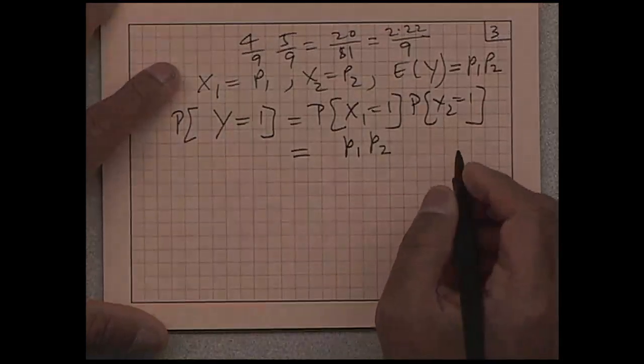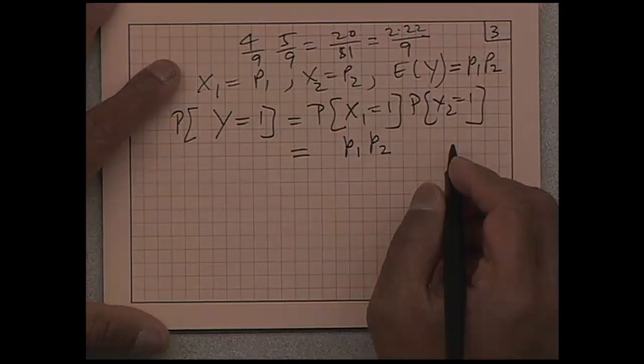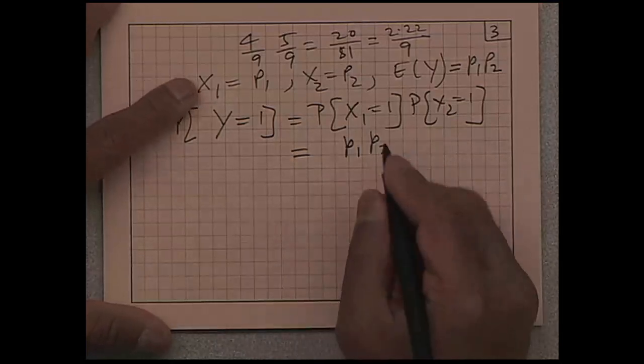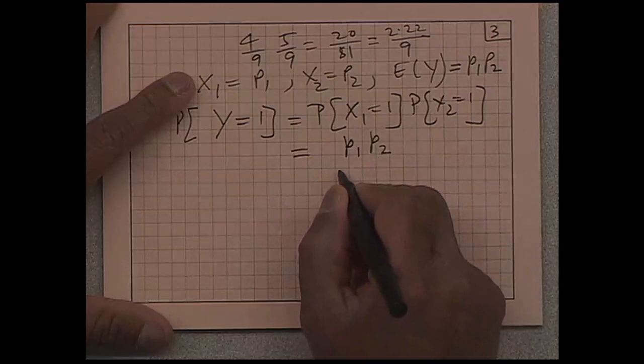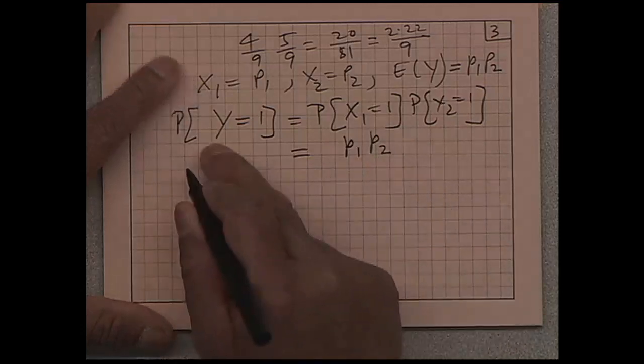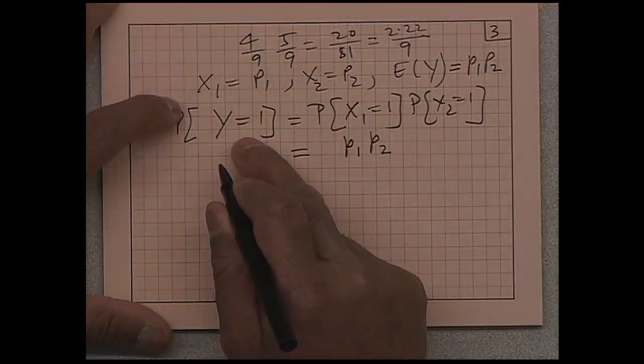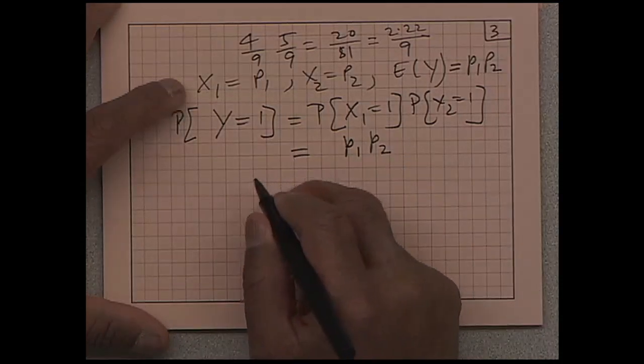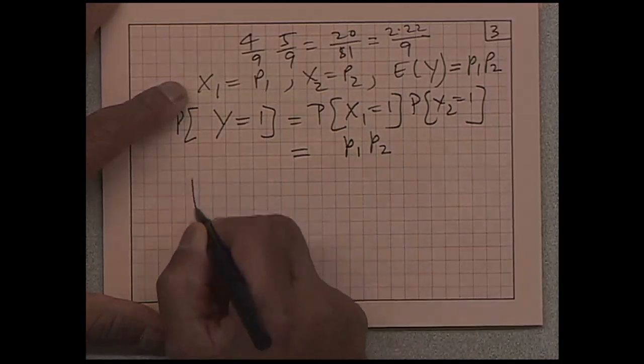So if you think about the expected value of y, y is either 1 or 0.